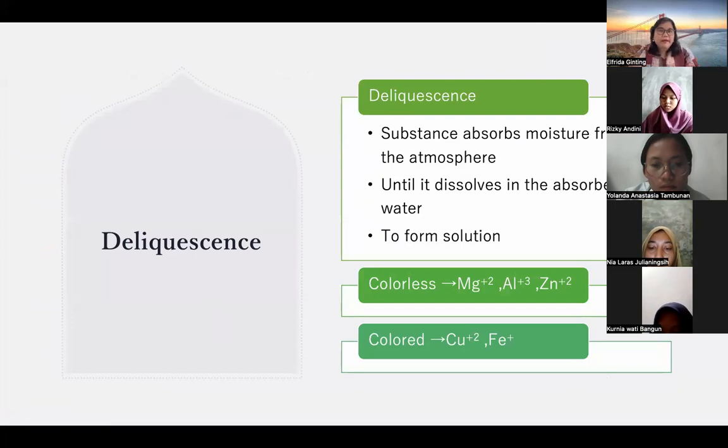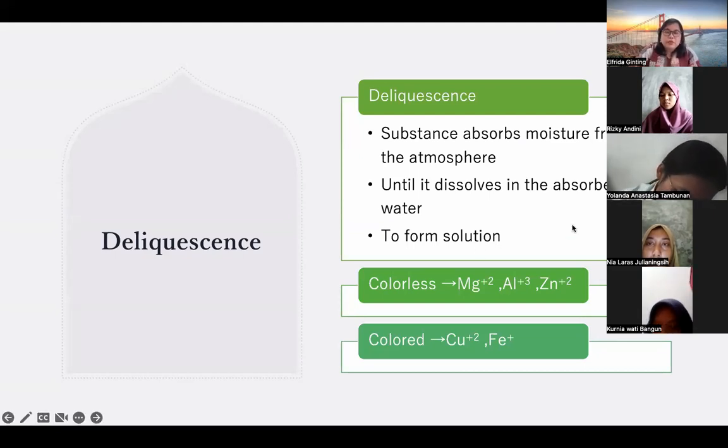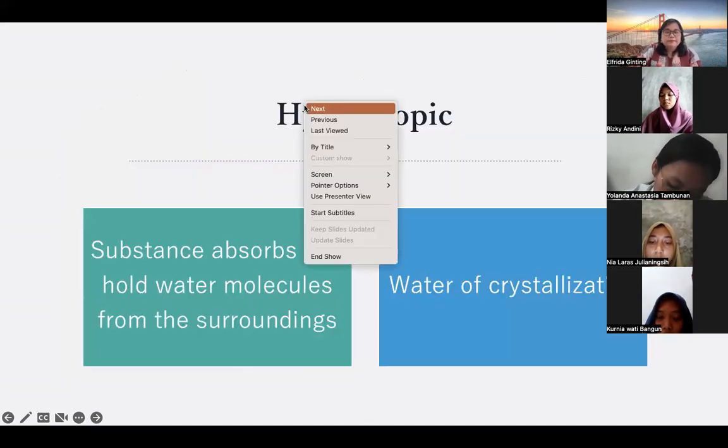You leave it there, and the substance is usually a solid, and it has the ability to absorb moisture from the atmosphere until it changes into a solution. So this is what is meant by deliquescence.